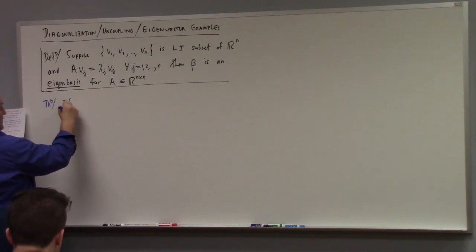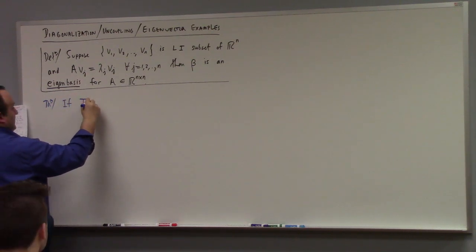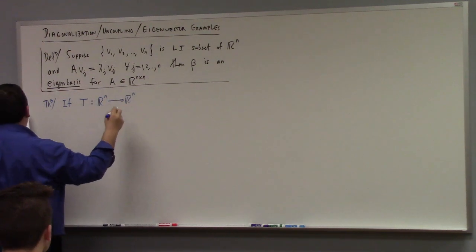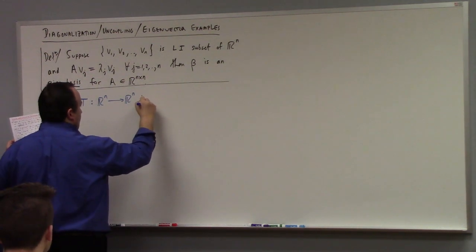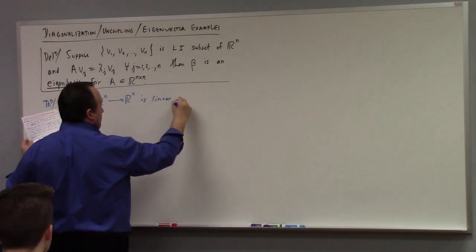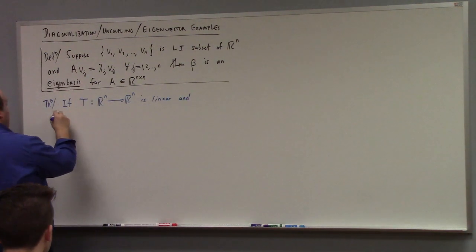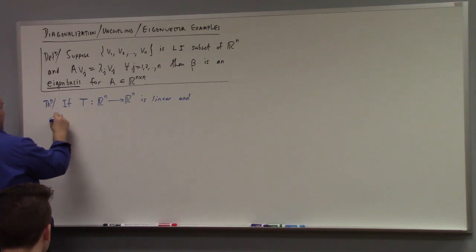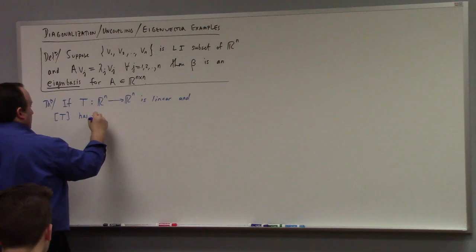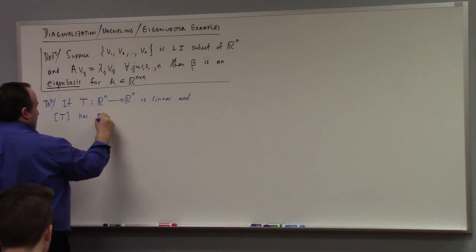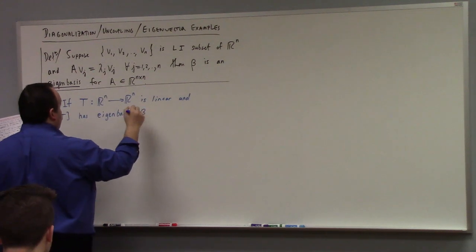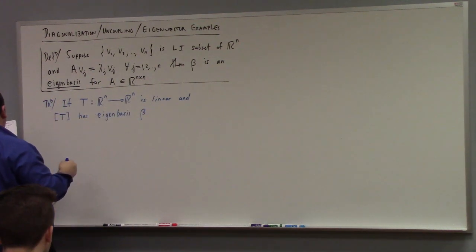If we have T, a linear transformation on Rn, and let's say the standard matrix of T has eigenbasis beta, same notation as above.